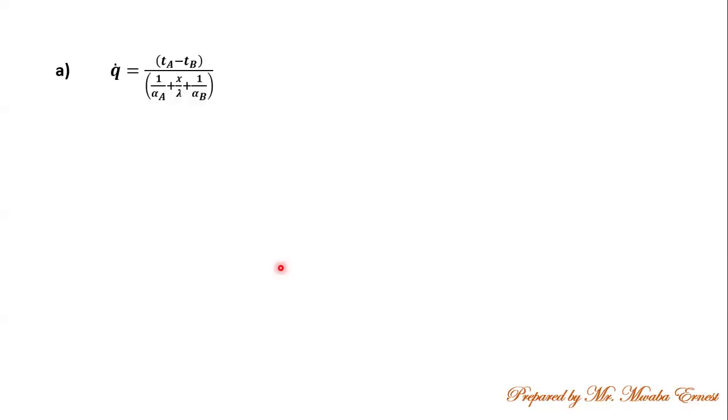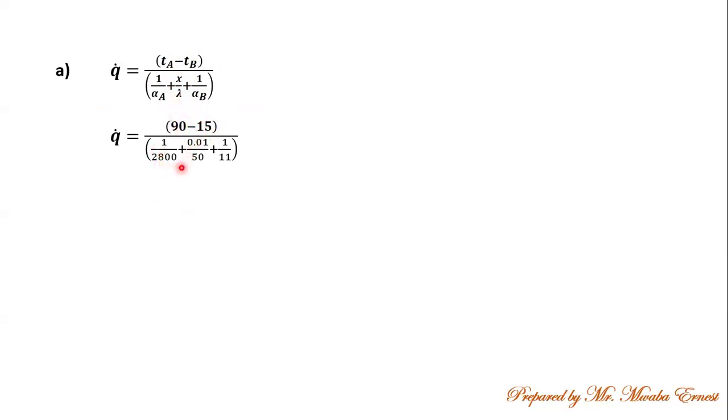The solution, we are going to invite back this expression where we have TA minus TB, everything divided by 1 over alpha A plus X over lambda plus 1 over alpha B. So TA is 90, then the temperature outside is 15.